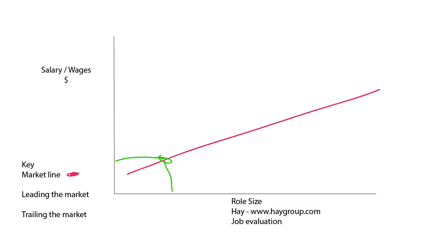Now we've got an accompaniment to the market line. We've actually got a couple. There's a line here, and sorry, it's supposed to be a little bit straighter. That is what we call leading the market. So again, let's see if we can draw a little bit straighter here.